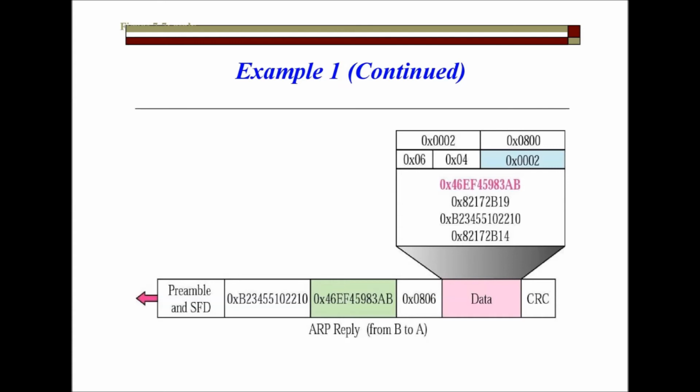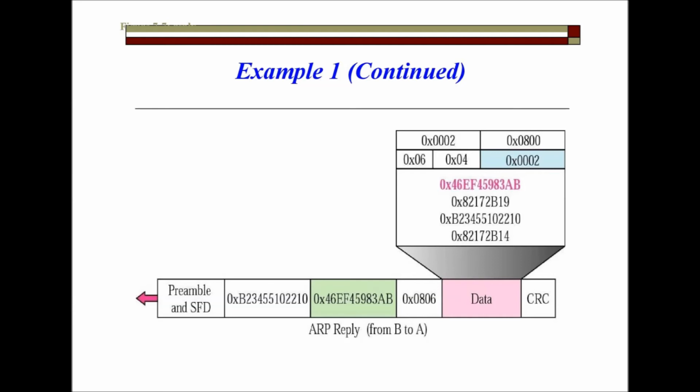Example number 1 continued. This is our last slide of today's lecture, and in this slide you can see the reply from the receiver side, the ARP reply from B to A. There are different fields of the header over here. We have already discussed the ARP header format in detail.